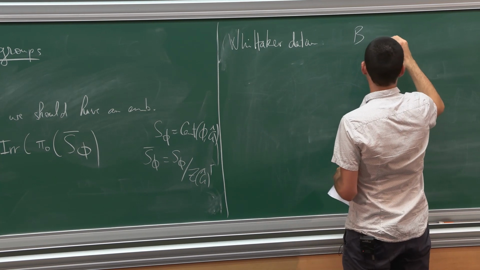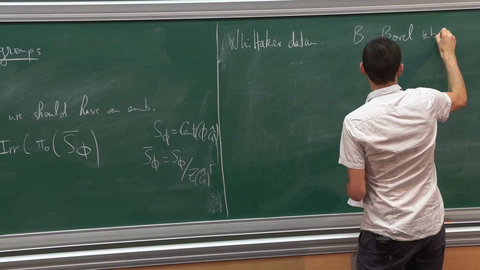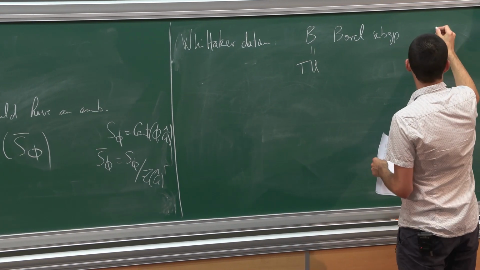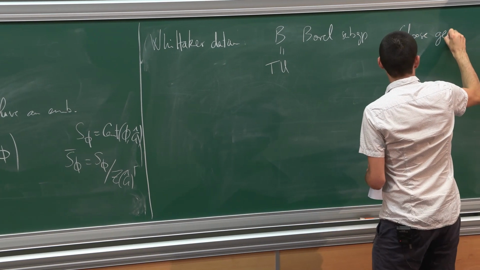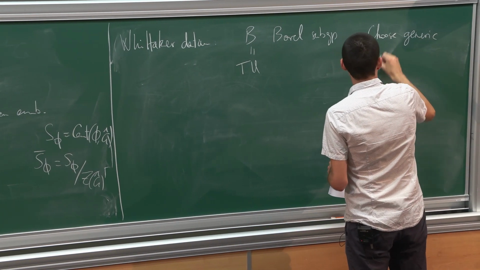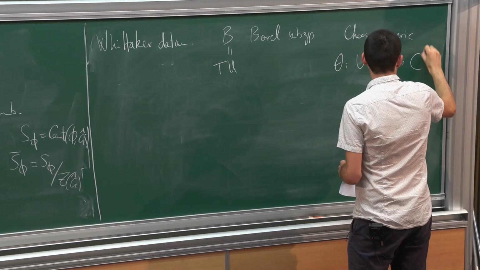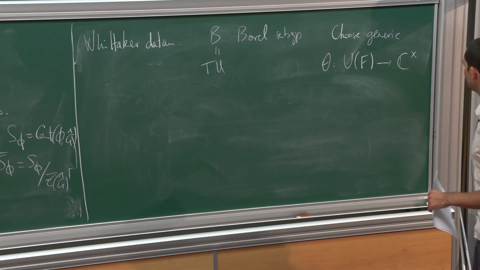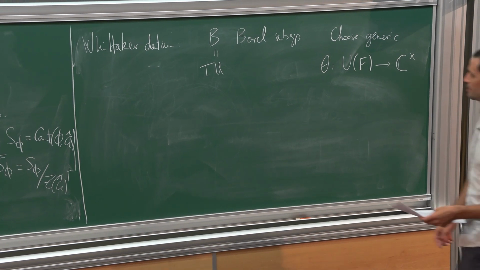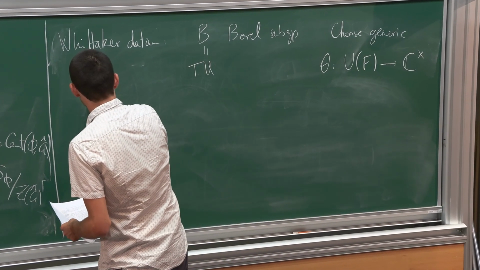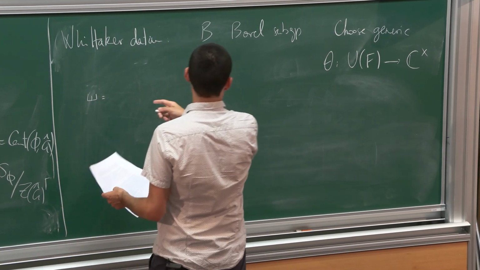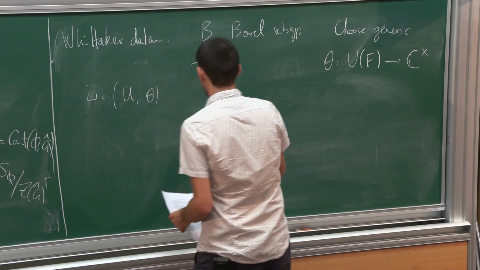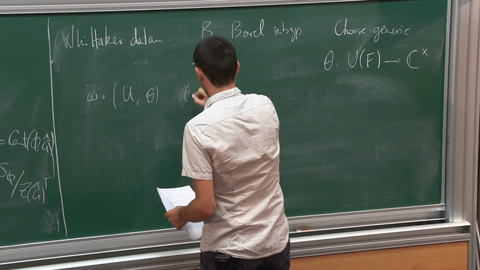Because G is quasi-split, it has a Borel subgroup, which you can write as TU, and you choose a generic character theta of U of F. Maybe the field is complex numbers now. What I will denote by frac W is the pair of U and this theta, and that's the Whittaker datum.